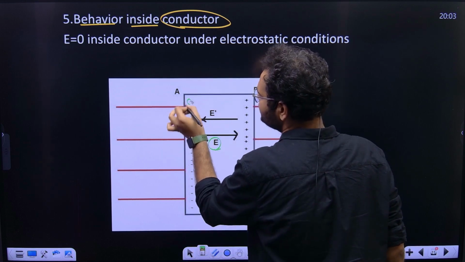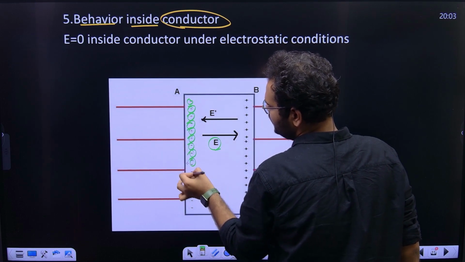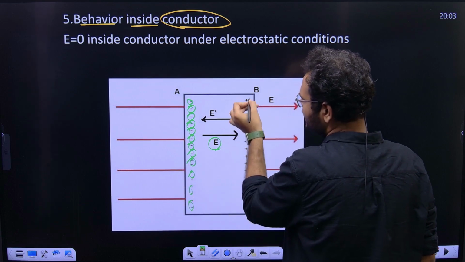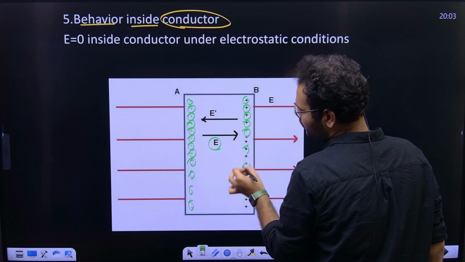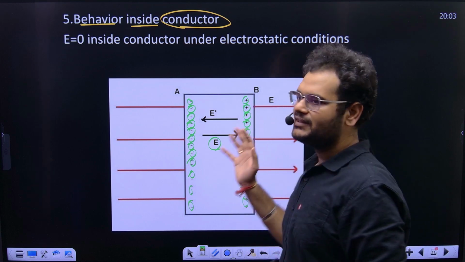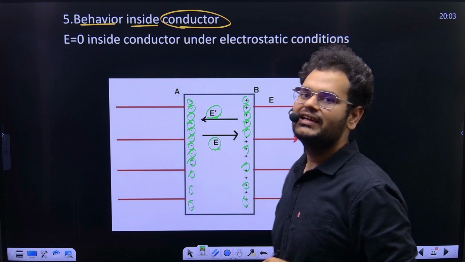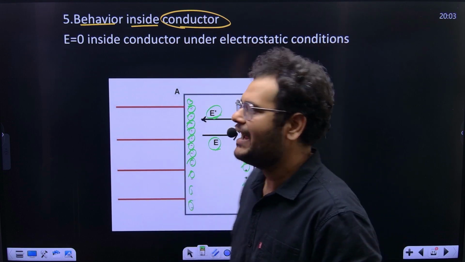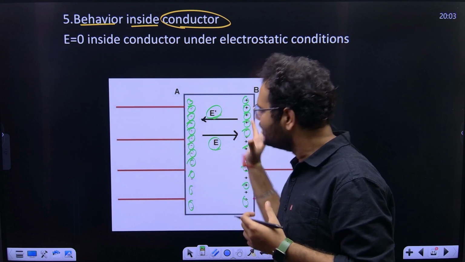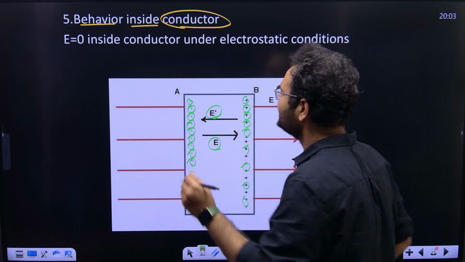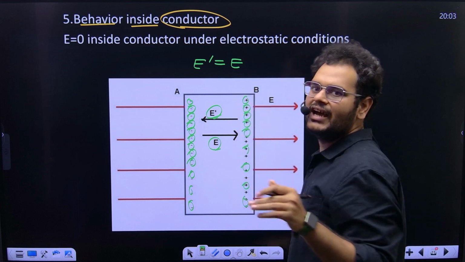So all electrons are deposited over here. The conductor has so many electrons, so electrons are deposited over here. Here is a deficiency, that's why plus charge is created. Due to this plus and minus combination, an internal electric field E dash is created, and the electrons keep on depositing until this E dash is equal to E. Are you getting it?